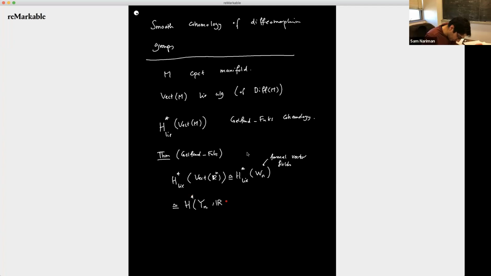I'm going to tell you what Y_n is in a moment. Y_n is the following space. Consider the universal U(n) bundle EU(n) over BU(n), and consider the 2n skeleton of BU(n). Then take the pullback of EU(n) over the 2n skeleton. That's going to be Y_n.